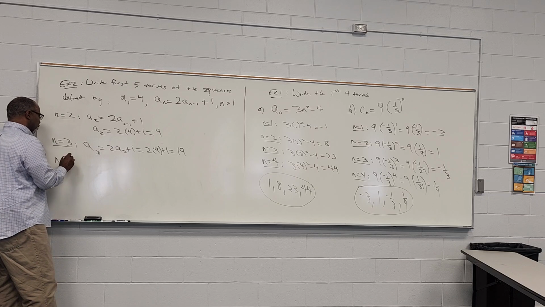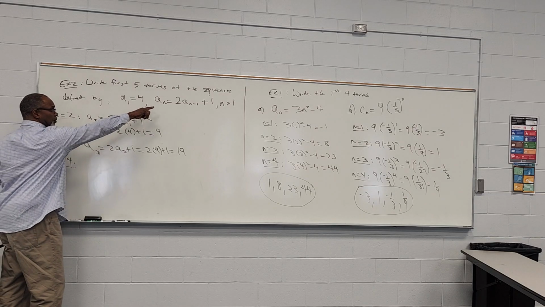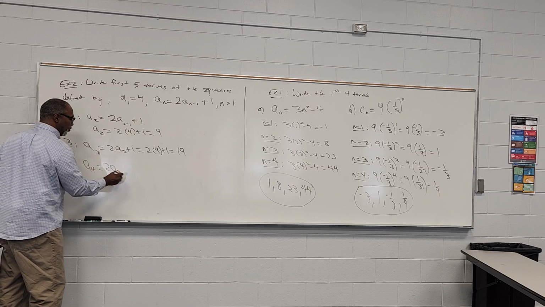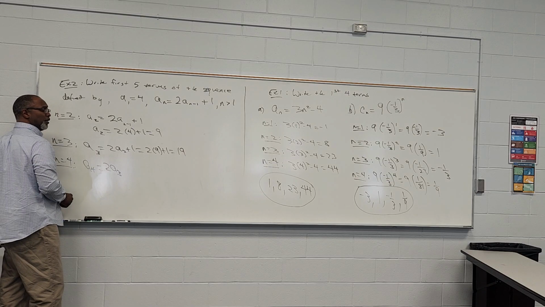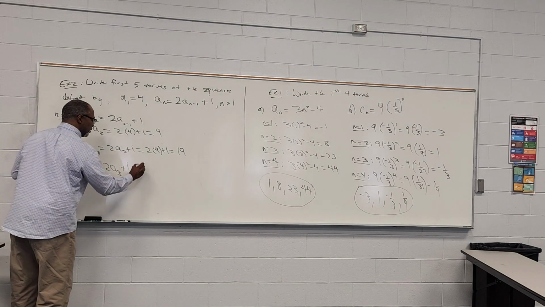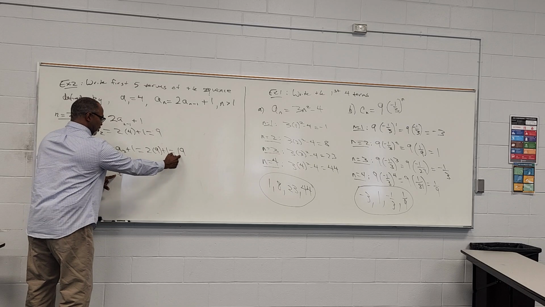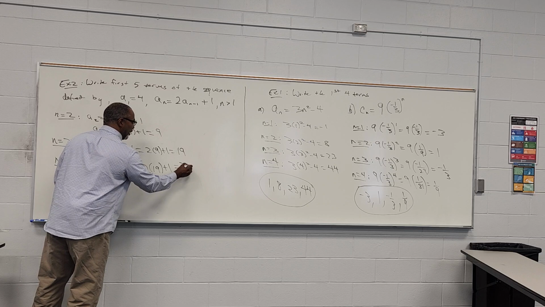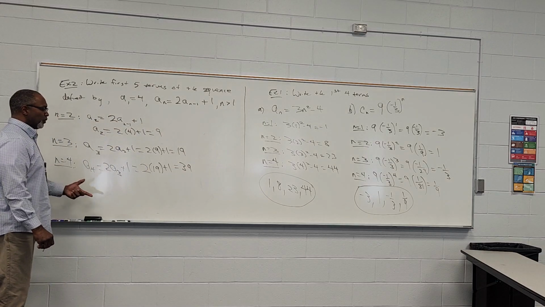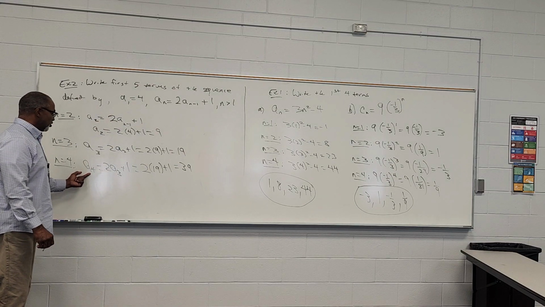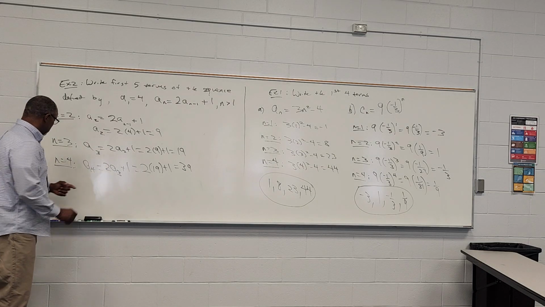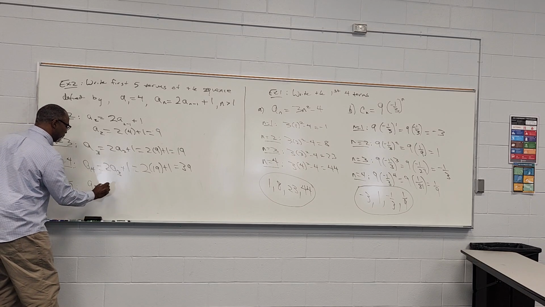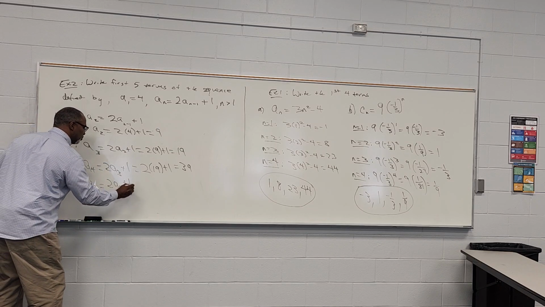When n is 4, use that formula. Everywhere you have an n, put a 4. A sub 4 will be 2 times A sub 3, right? Because 4 minus 1 makes 3, plus 1. Well, you just found out what A3 is. It's 19. 2 times 19 is 38 plus 1, that's 39. Okay? So this is what we're talking about, a recursive definition. The next term is always based on what the previous term was, okay? And finally, when n is 5, A sub 5 is 2 times A sub 4 plus 1.